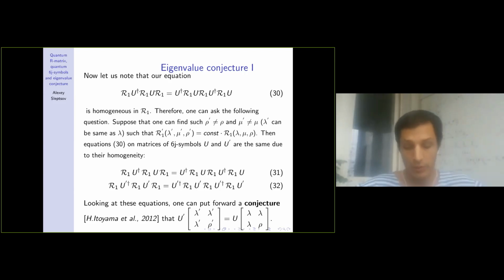So I don't know if this conjecture is true in general case, but I have serious reasons to believe that it is. At least to the present moment, we have not found a single counterexample, but many facts have been found that speak in its favor. And let me list some of them.